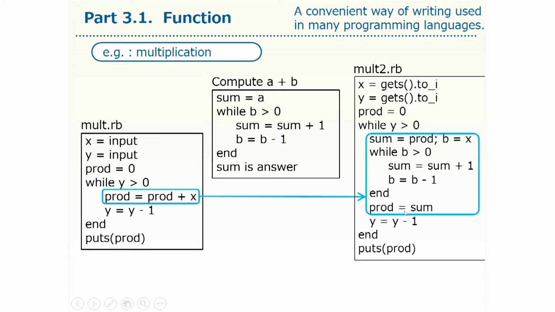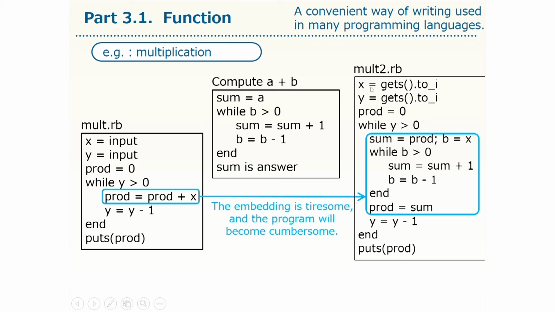That's of course possible, but the program becomes really cumbersome if we do it like this. It's not a problem because we can use plus x, this operation, this addition in this case. But generally, we may not have the computation that we want to use. In this case, we have to write it as a program by ourselves.